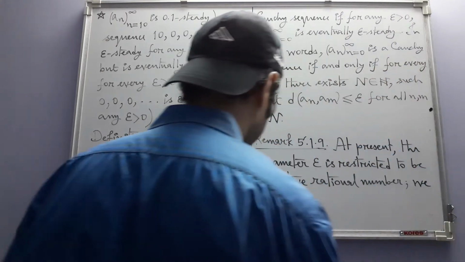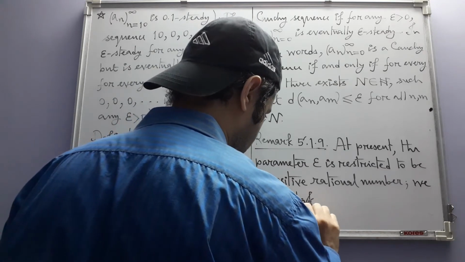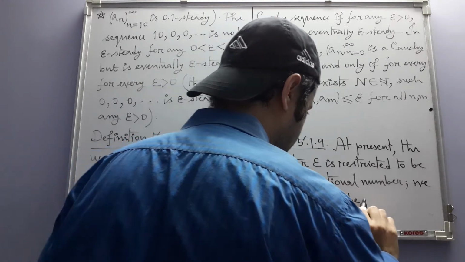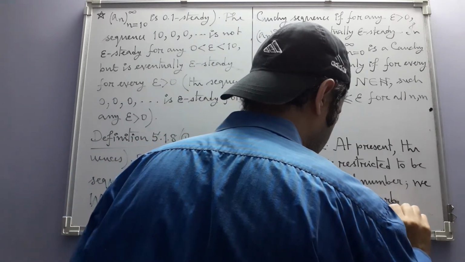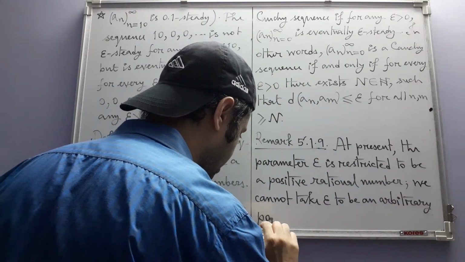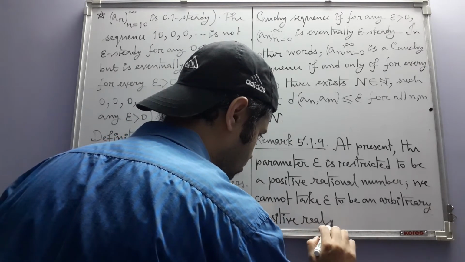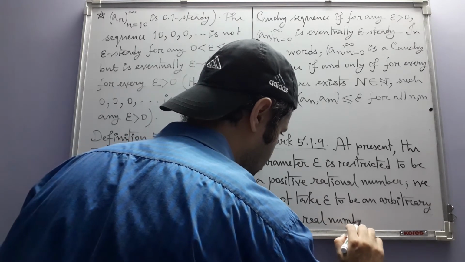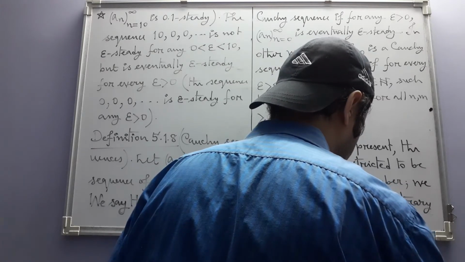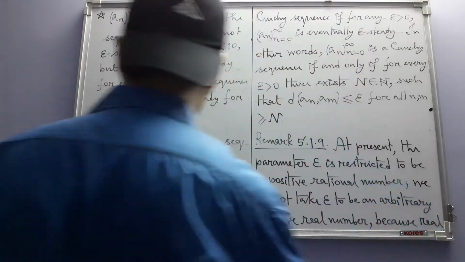We cannot take epsilon to be an arbitrary positive real number, because we don't yet have real numbers.